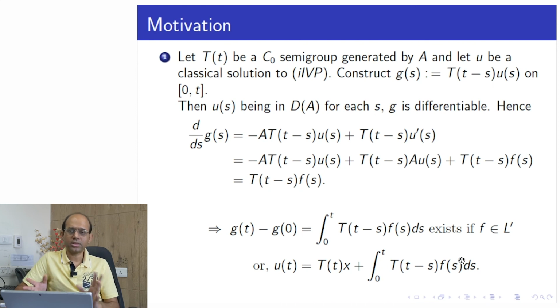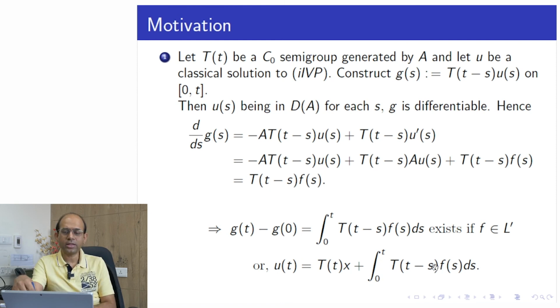So by this one thing is clear, that we can introduce a more generalized notion of solution of the equation, which is easy to write down, and we call that a mild solution. Sometimes we also call that a generalized solution.